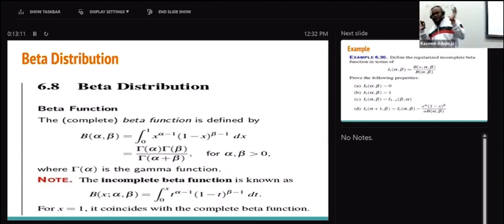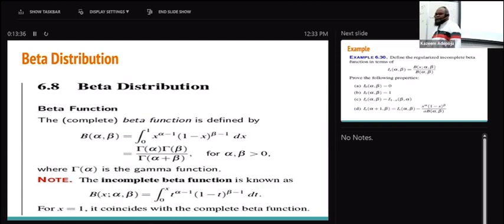Now, the beta distribution has x raised to power this, 1 minus x raised to power this, divided by B of alpha beta, and the range of x is from 0 to 1. X is a random variable here, a proportion. Does that make sense? It's a percentage.